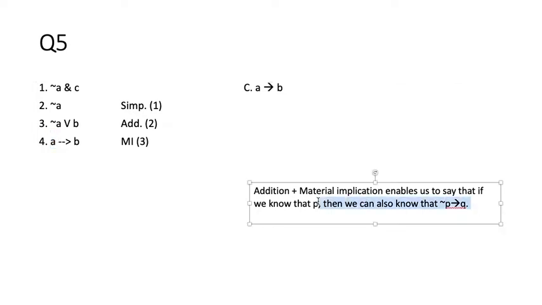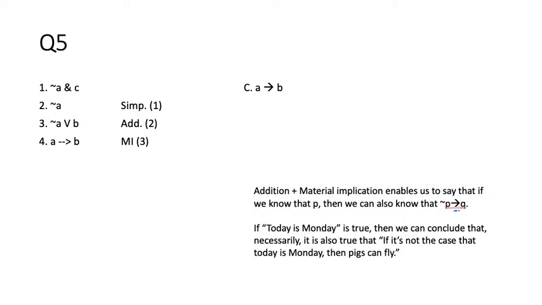And so this is just a combination of rules that enables us to draw an inference that you might think is actually kind of strange, even though it's a technically completely valid inference. So here's an example. If today is Monday is true, then we can conclude that necessarily it's also true that if it's not the case that today is Monday, then pigs can fly.